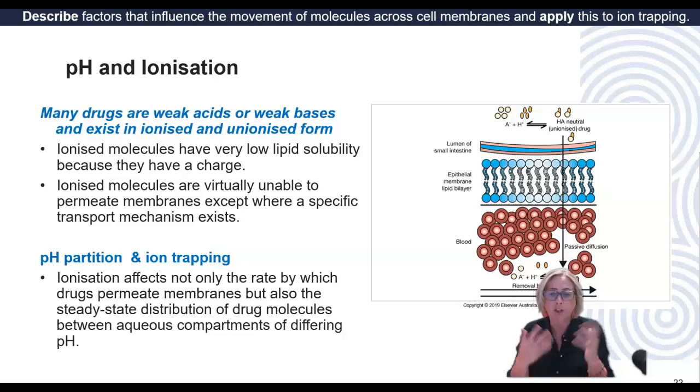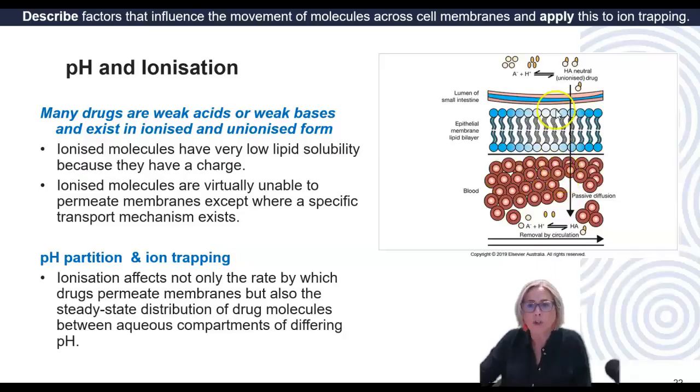So if you take the stomach as a low pH and the plasma having a pH of about 7.4, what this basically means is that drugs will tend to accumulate in the compartment that they gain the charge. And this, of course, is what you're looking at here. Here we have an acidic drug. We've got it in its unionized form, and some of it has dissociated into that ionized form there.